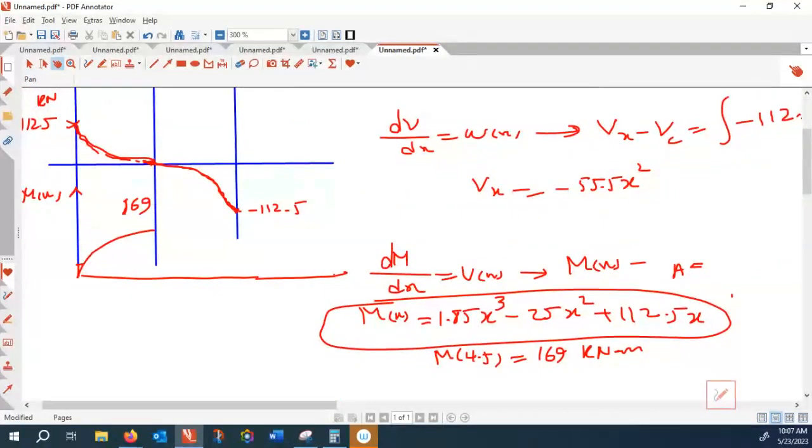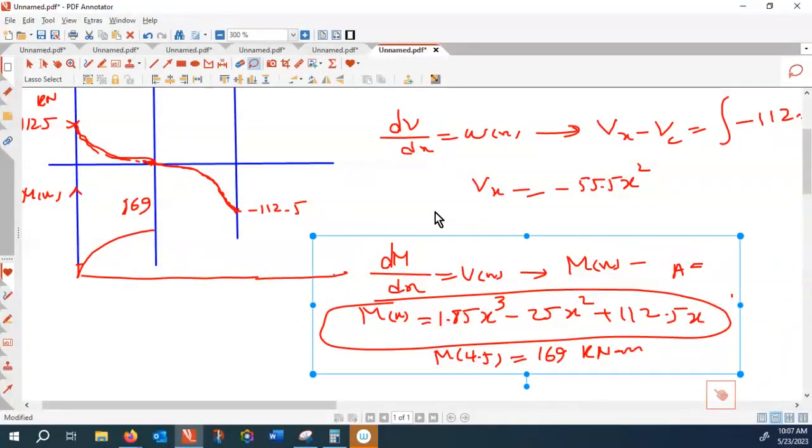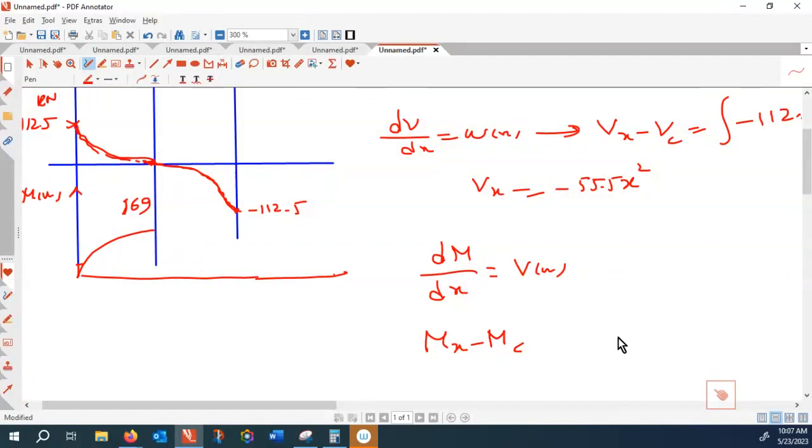How do I go with the M? Note, pay attention to this one. That is dM over dx is equal to V of x, and that gives me M of x minus M of C is equal to the integral of minus 55.5 x squared dx.